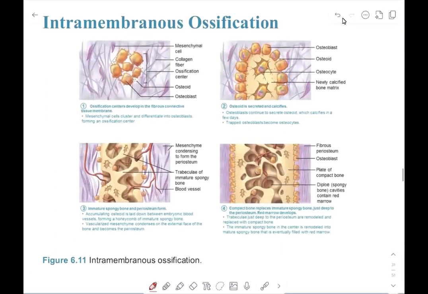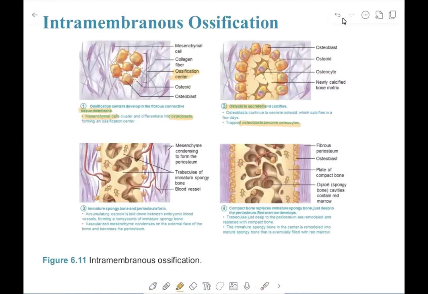So this image is showing the various steps of intramembranous ossification. Again, you don't need to know this diagram, all the steps in order, anything like that. But there is one ossification center here. So they develop in the tissue membrane. Those mesenchymal cells, those stem cells, differentiate into osteoblasts. Osteoid is secreted by those osteoblasts, and that calcifies in a few days. Then those osteoblasts are trapped in osteocytes, and that's where the canaliculi form that you can see right here.